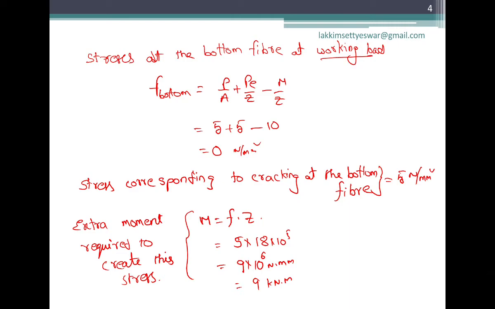Now the cracking moment is the sum of the working moment plus the extra moment required to reach rupture. So cracking moment is equal to 18 plus 9, total 27 kilonewton meter. So the cracking moment we calculated is 27 kilonewton meter.